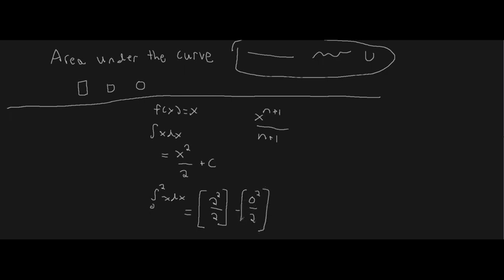This should be pretty self-explanatory, because we're just plugging in the numbers for x and solving. 2 squared over 2 is 4 divided by 2, which is 2, and 2 minus 0 is 2. So we are saying here that the value for the area under the curve of this given function is 2.